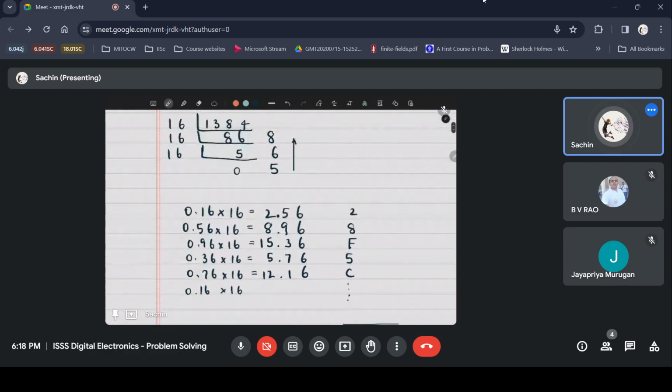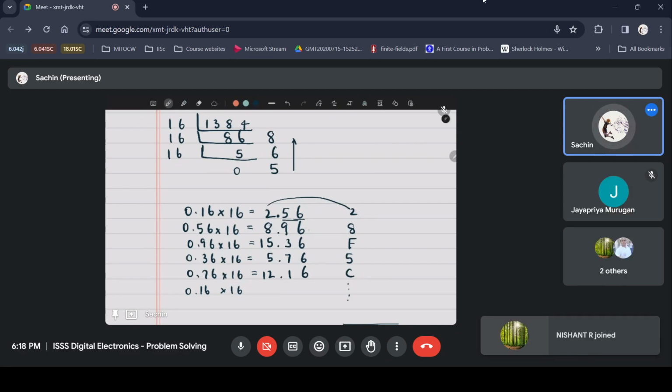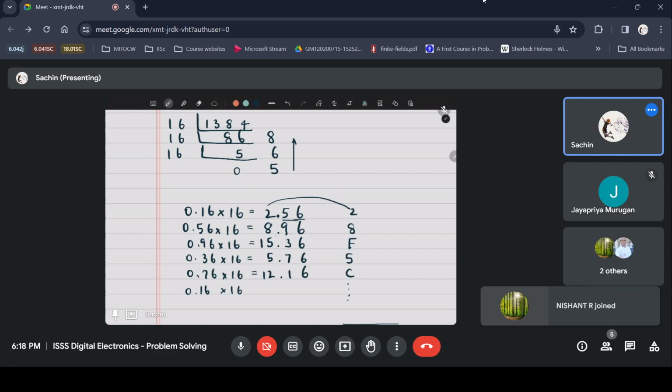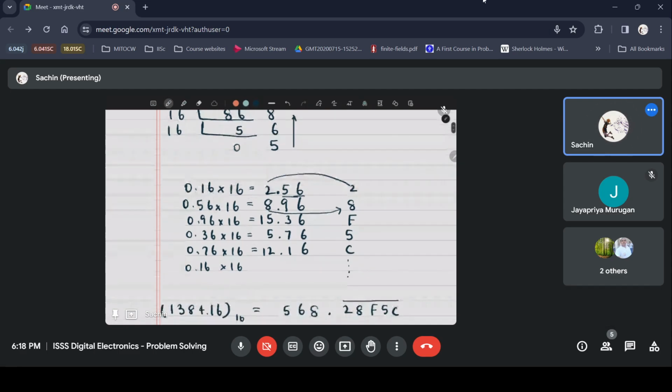And for the fractional part, you multiply by 16. 0.16 times 16 is 2.56, and you keep only the integer part separately, that is 2. Then you take the remaining decimal part 0.56, multiply that by 16 again, you'll get 8.96. So you keep the 8, again multiply the decimal part 0.96 by 16.